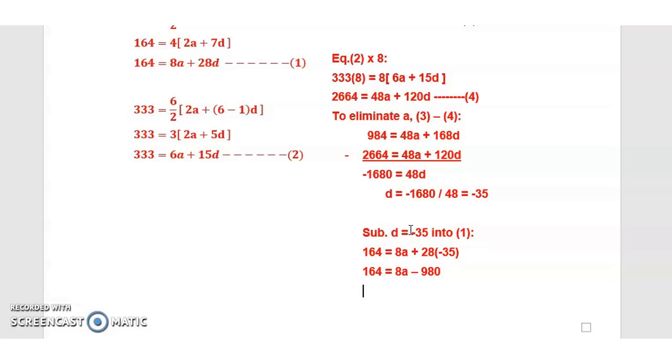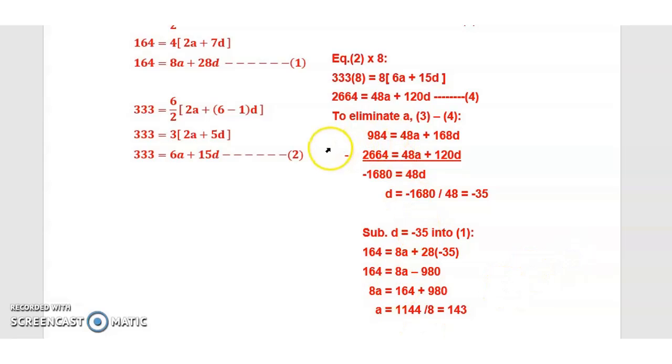So 8a equal to 164 plus 980, equal to 1144. So a equal to 1144 divided by 8, which is equal to 143. So first term is 143.